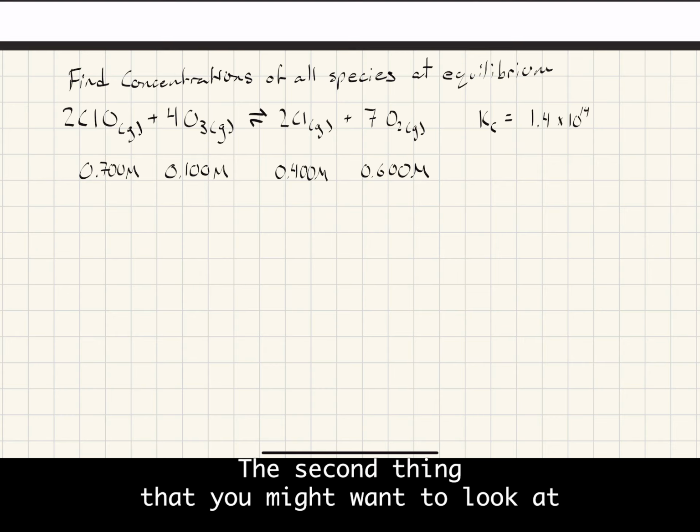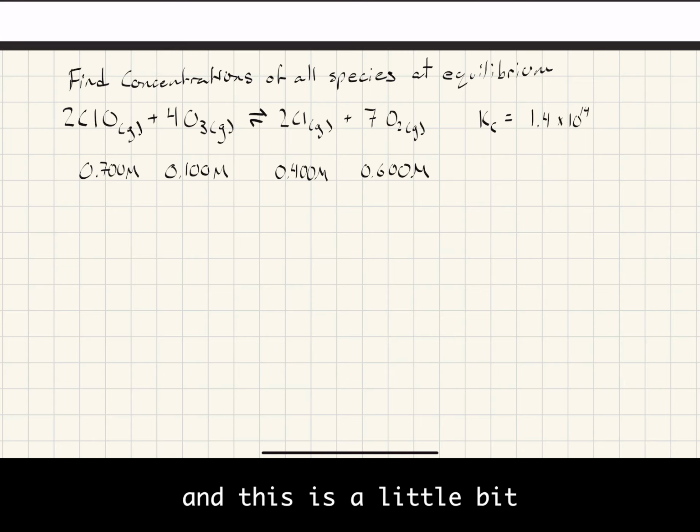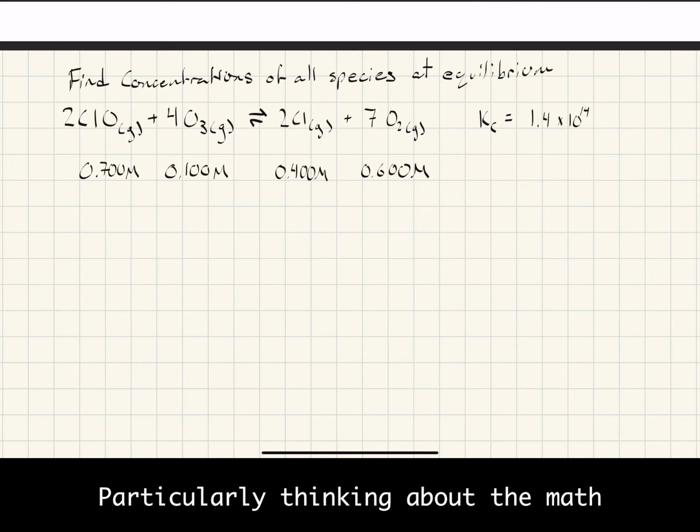The second thing that you might want to look at, and this is a little bit of metagaming, is the coefficients in the equation. I've got 2, 4, 2, and 7. Why is that important? Particularly thinking about the math.